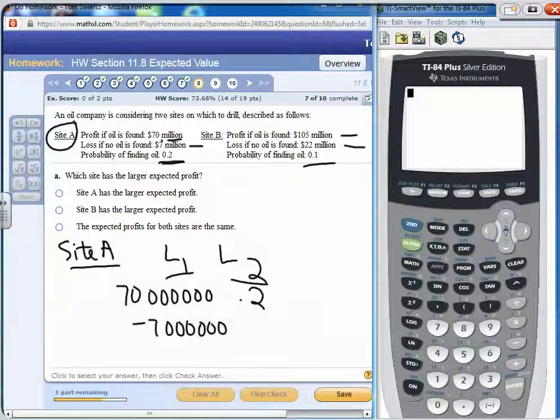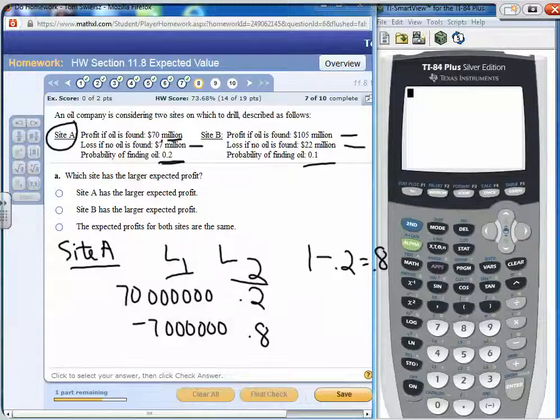And again, if the probability of finding oil is 0.2, then 1 minus 0.2, which is 0.8, is the probability of not finding oil. Remember, these two probabilities add up to 1, so you subtract the probability of success or profit from 1 to get the probability of a loss.